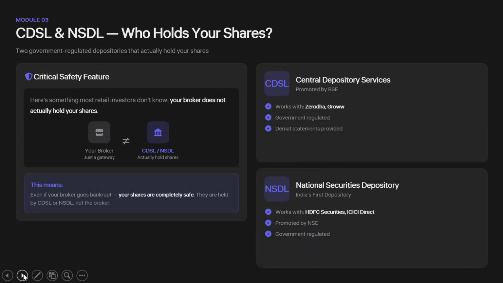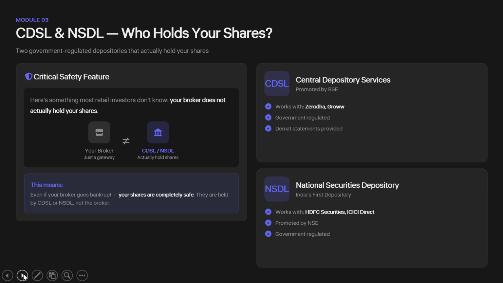Here is something most retail investors do not know. Your broker does not actually hold your shares. Two government regulated depositories do: CDSL and NSDL. CDSL means Central Depository Services Limited. It's promoted by BSE and works with brokers like Zerodha and Grow.